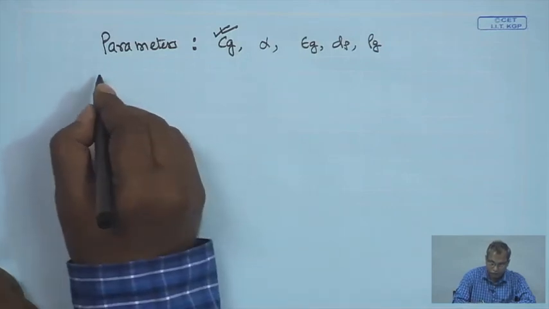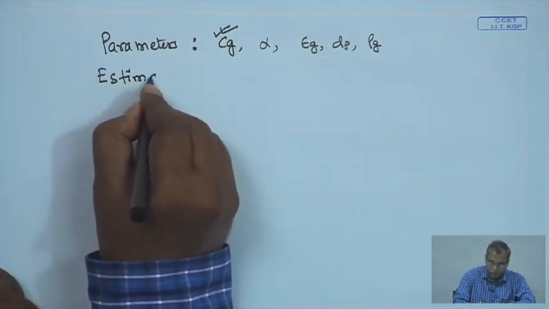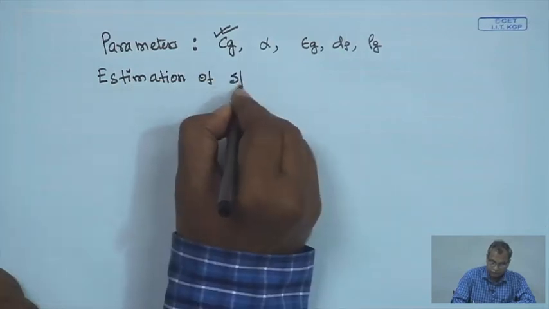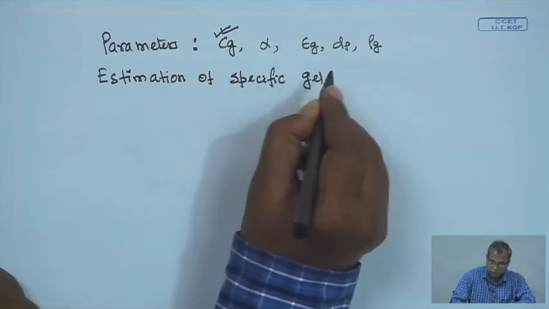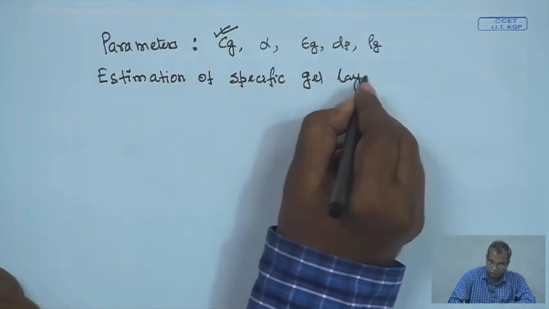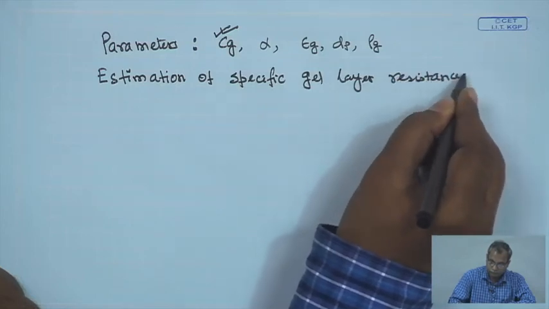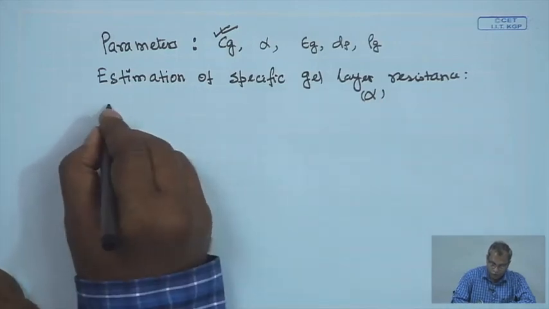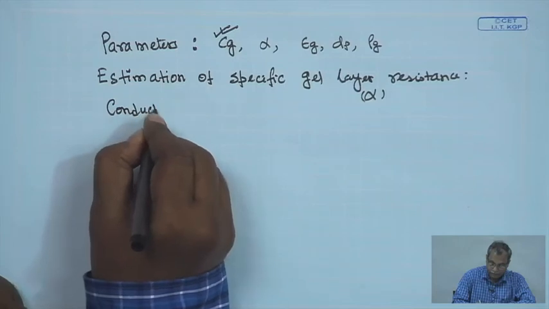We have already done the estimation of gel layer concentration. Now, let us look into how to estimate the specific gel layer resistance alpha. For that we have to conduct a separate experiment in a batch cell.